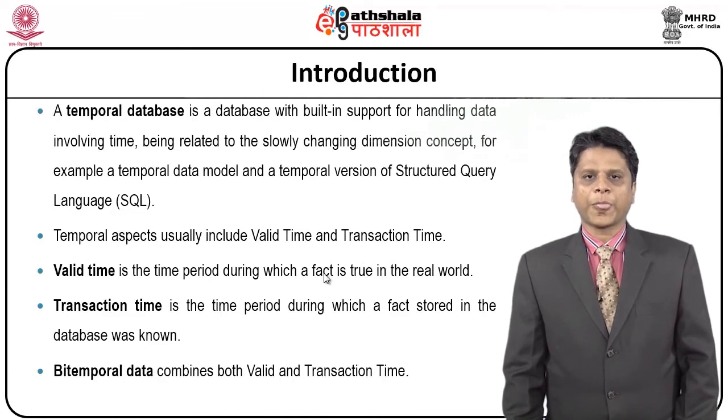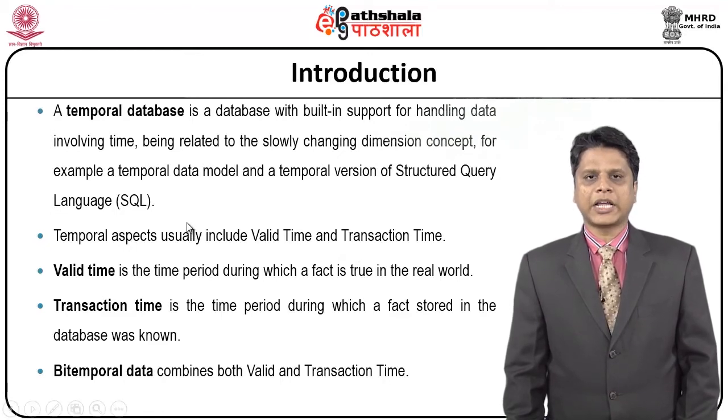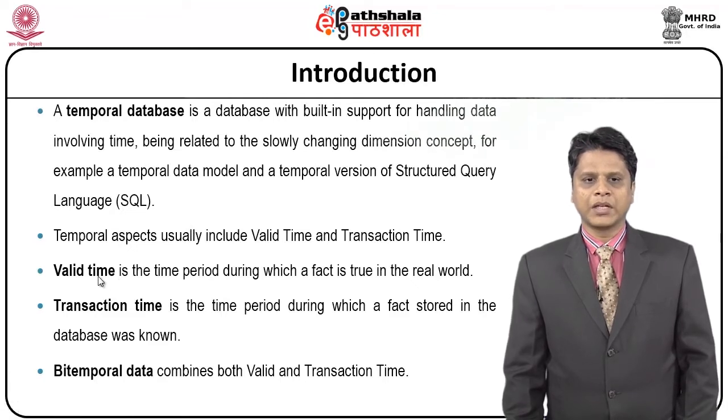So here the valid time is the birth of the child on 17/2/2017, but the birth of the same child has been updated into the records only on 18/2/2017. So the valid time of the birth is 17/2, whereas the transaction time of the same birth is 18/2/2017. So that is the meaning of valid time.